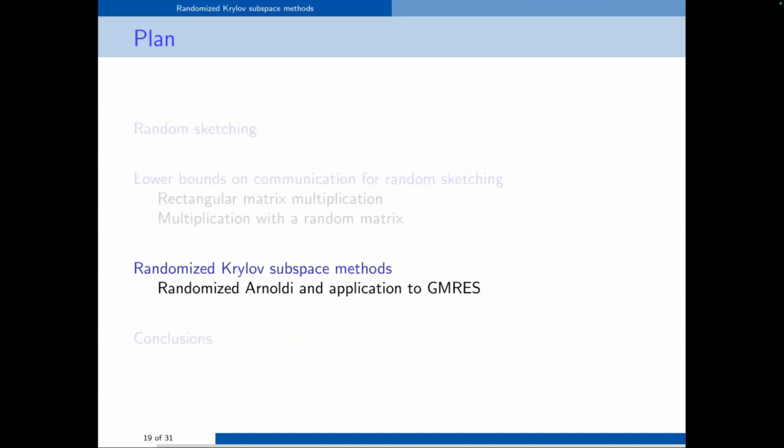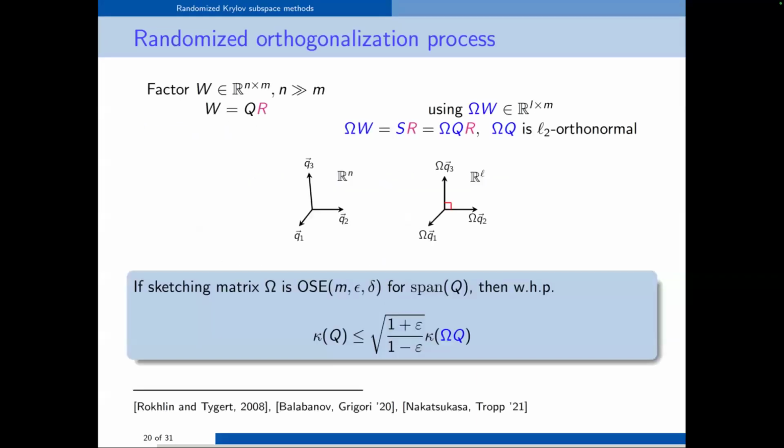And then I'll be moving to the second part, in which we will see an example of how this is used in Krylov subspace methods. And when you do linear algebra, one of the operations which is really the bottleneck is the orthogonalization process. We are given a matrix which is tall and skinny, and I get back to the notation from the beginning. So we are given a matrix W, and you are given this sometimes at once or sometimes vector by vector.